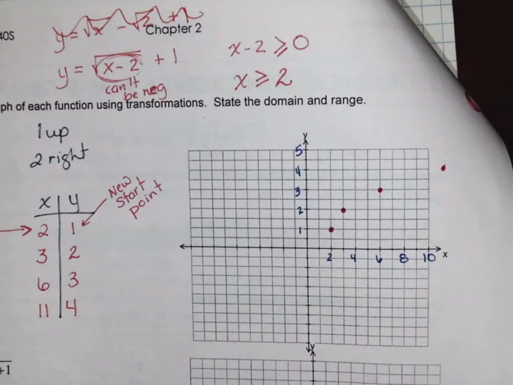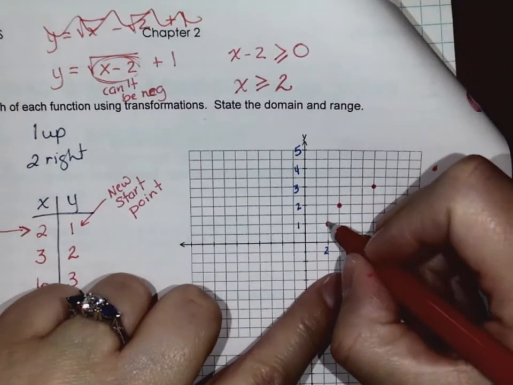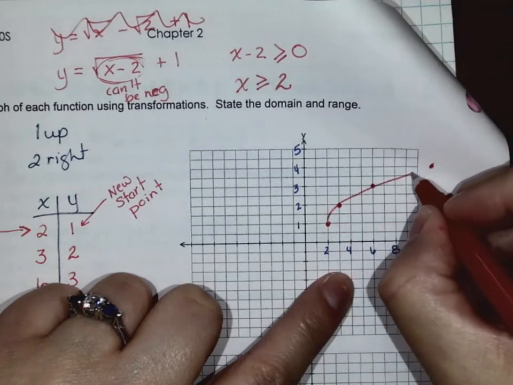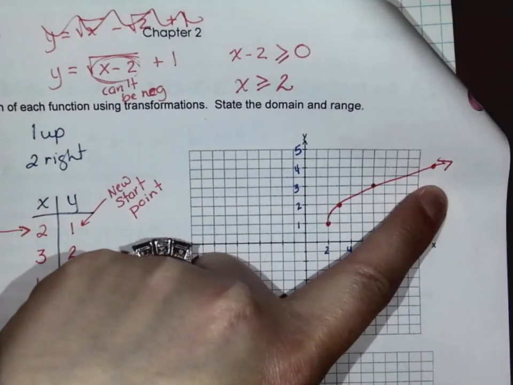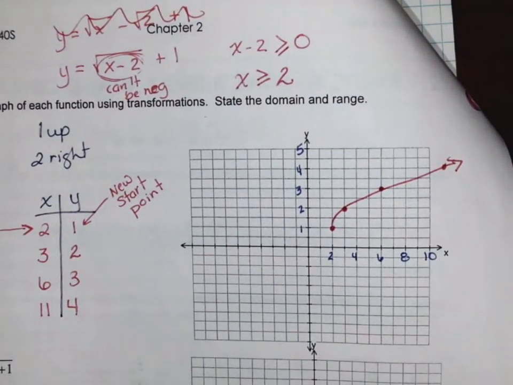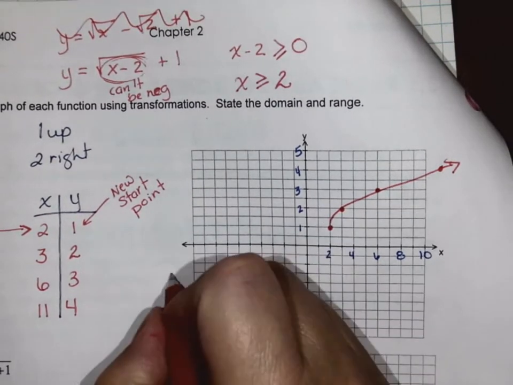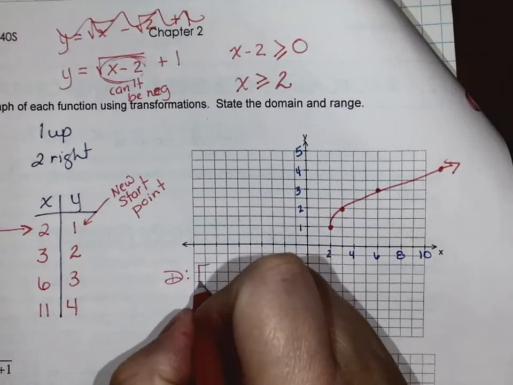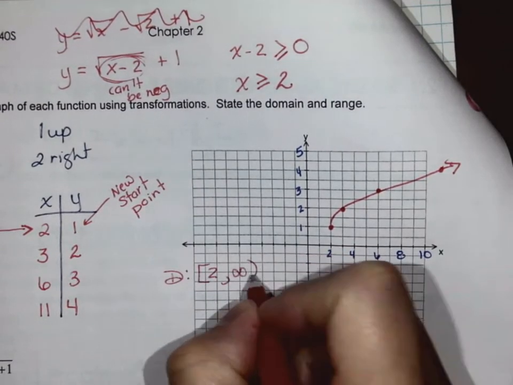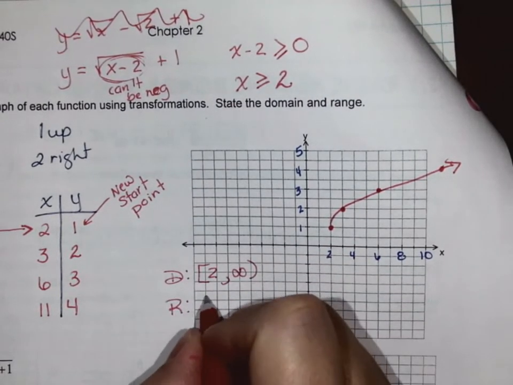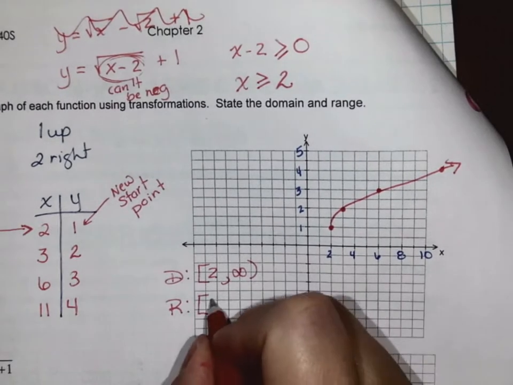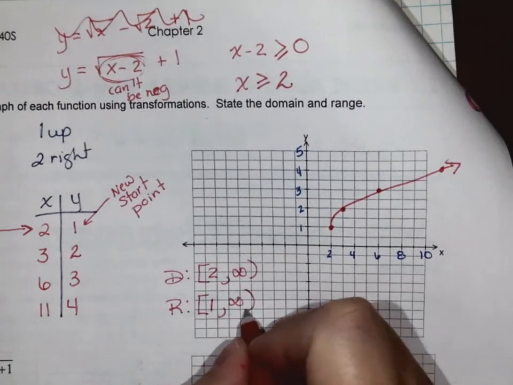And what shape do I have between those first 2 points? I have that little bubble. Okay, domain and range. Domain is 2 to positive infinity, and range is 1 to infinity.